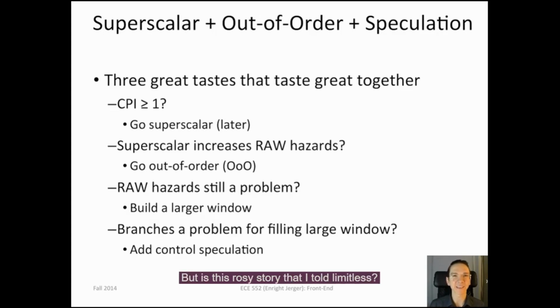But is this rosy story that I told limitless? Do these techniques scale to an infinite number of transistors? Unfortunately, not. Remember that we had some expensive operations, associative lookups in the map tables and the reservation station tag fields.